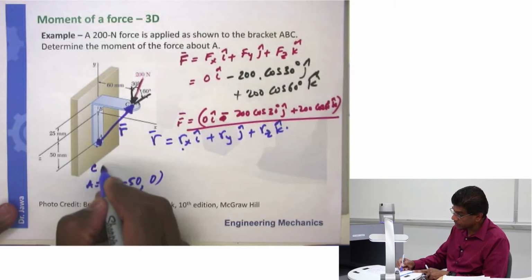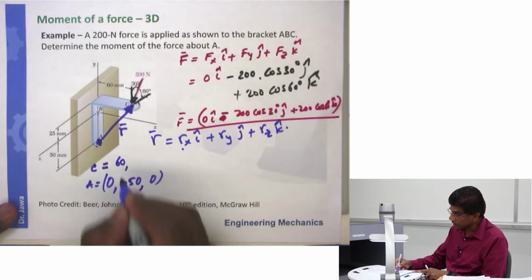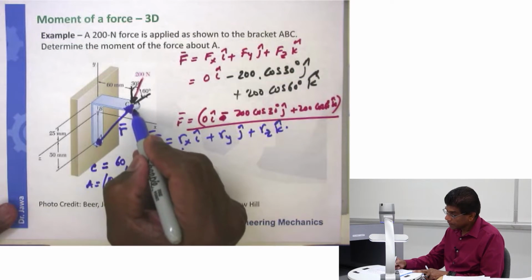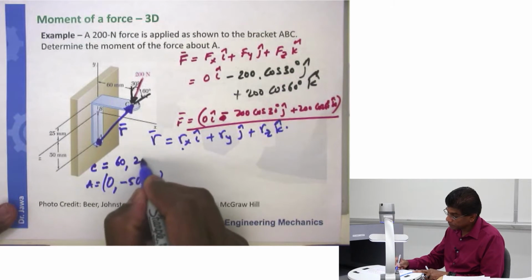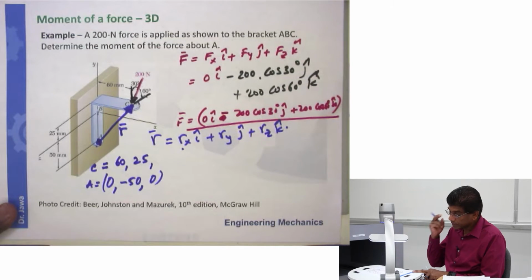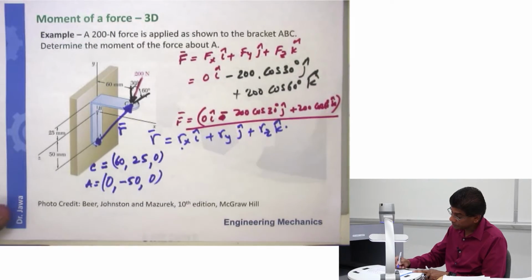Similarly, I look at the point C: x coordinate is 60 millimeter, y coordinate is going to be up here, 25 millimeter, and the z coordinate is 0.